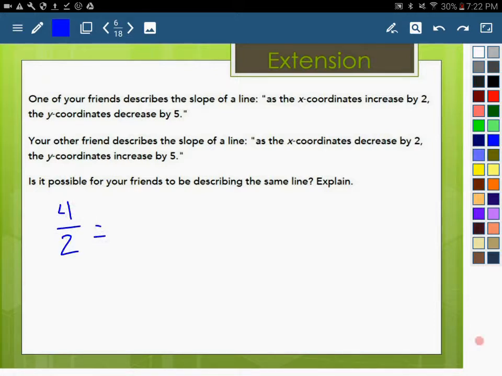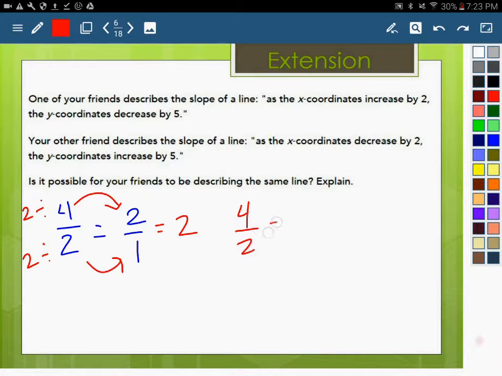That's really the same as 4 divided by 2, which is 2/1. We can figure that out by reducing or simplifying the top and the bottom, the numerator and the denominator, by dividing each of them by 2, and that's what gets us 2/1, or just 2. So these two things are equivalent. 4/2 is equivalent to 2/1.